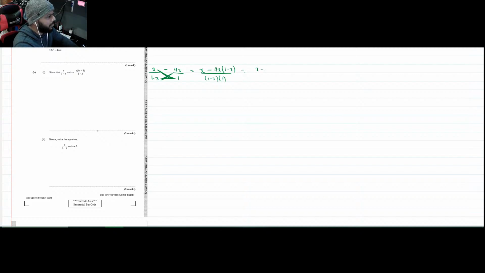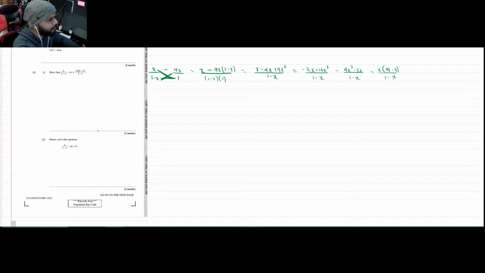I get x take away 4x plus 4x squared, all over 1 minus x. x minus 4x is minus 3x plus 4x squared over 1 minus x. I just put the 4x squared in the front: 4x squared minus 3x over 1 minus x. Factorize the x: x into 4x minus 3 all over 1 minus x, which is exactly what I want.